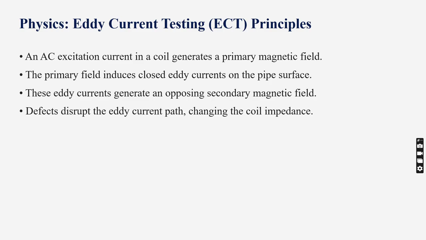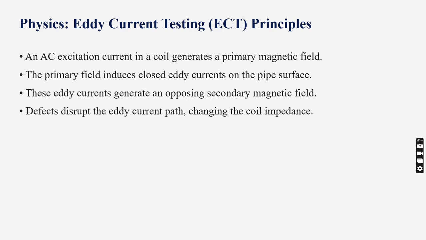It induces circular loops of electrical current in the carbon steel pipe known as eddy currents. These currents generate a secondary magnetic field that opposes the primary field due to Lenz's law, modifying the coil's net electrical impedance.